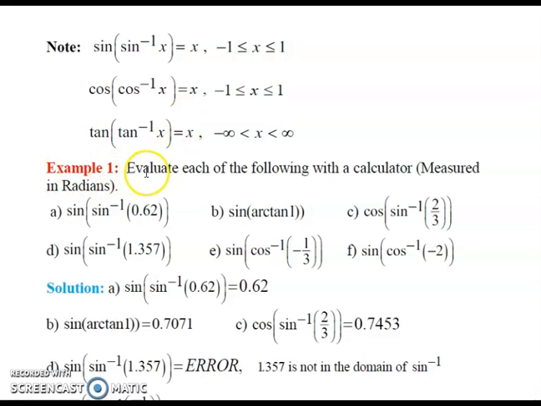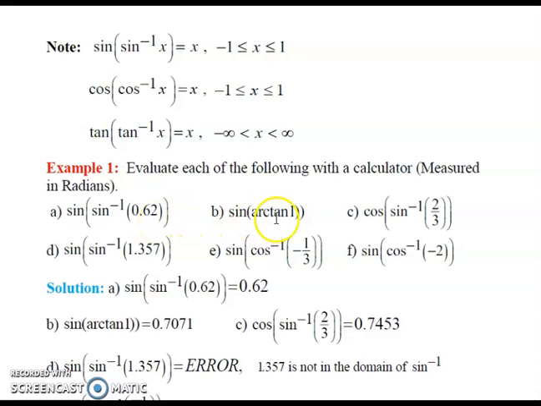Example 1. Evaluate each of the following with a calculator. Whenever we have to measure the angle for inverse trigonometric functions, we have to measure in radians only. Sine of sine inverse of 0.62.